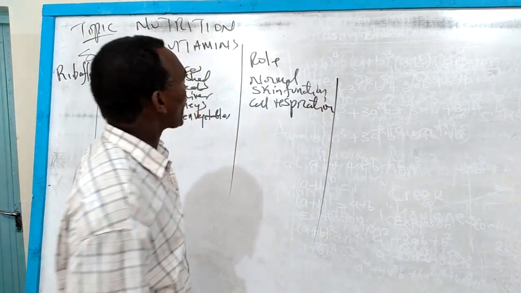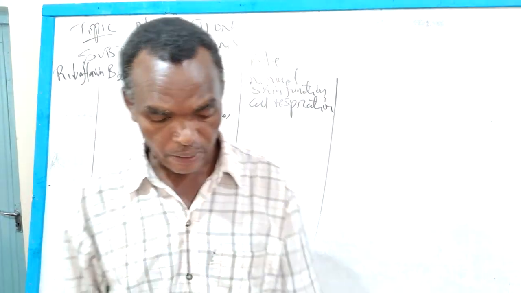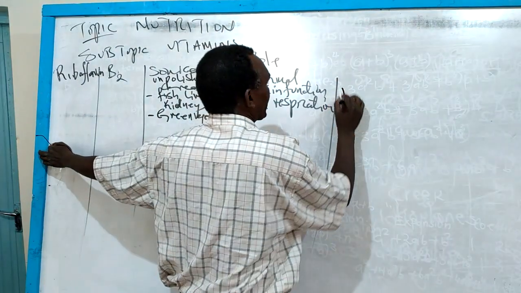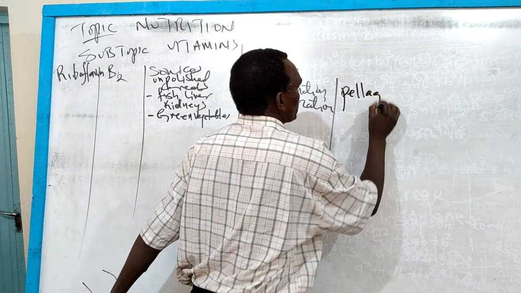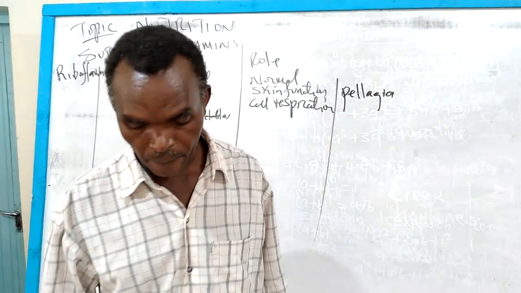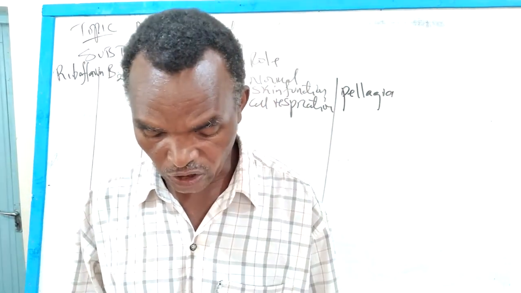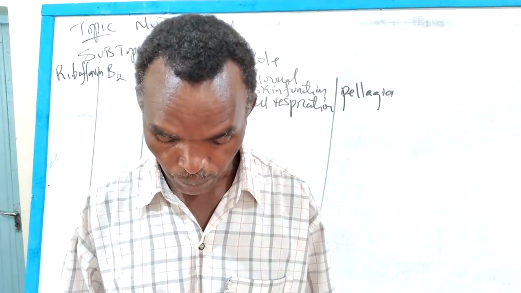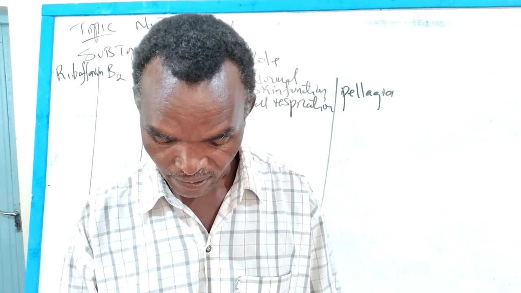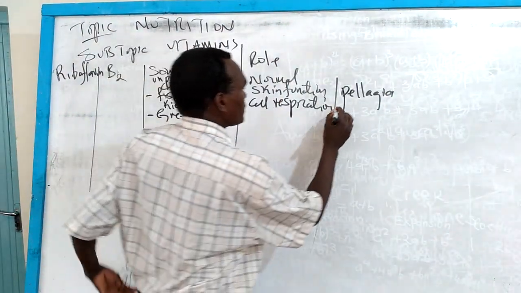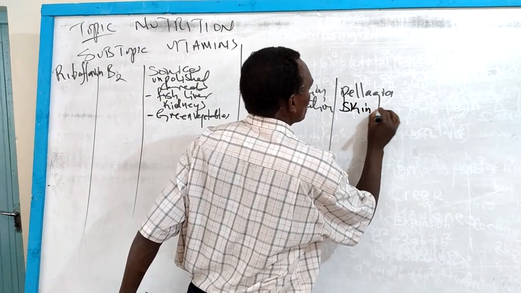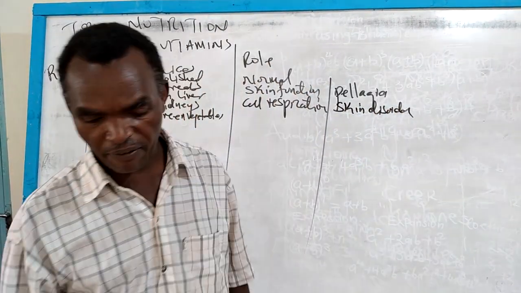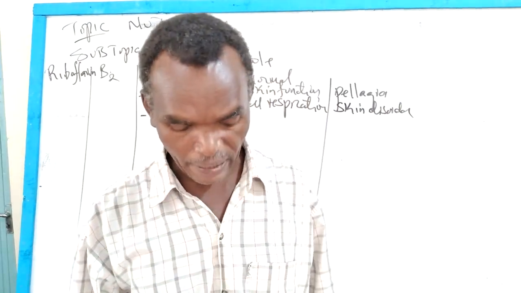When the body does not have vitamin B2, we have a disease condition which we call pellagra. And this condition is indicated by what we call skin disorders. Skin disorder is a major indicator that one is having that disease condition.